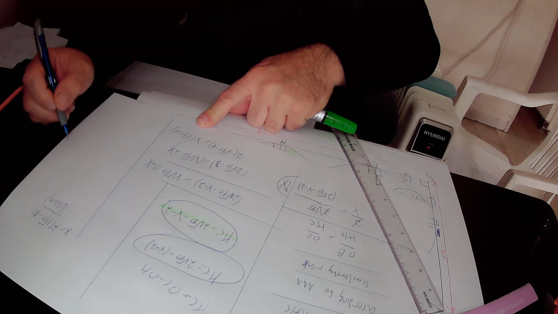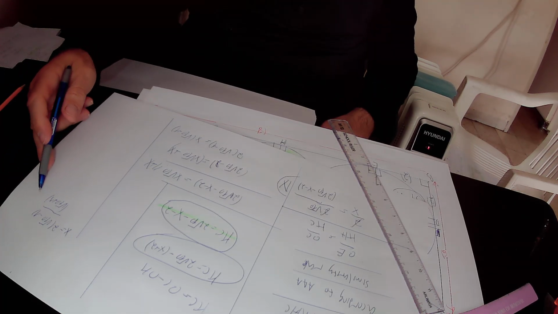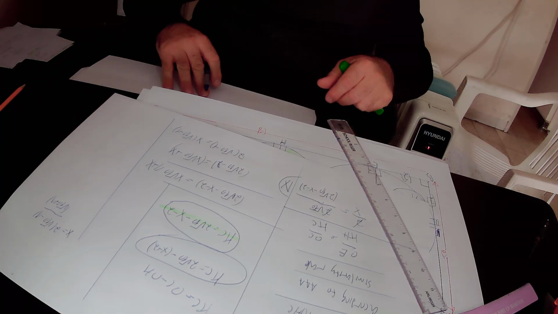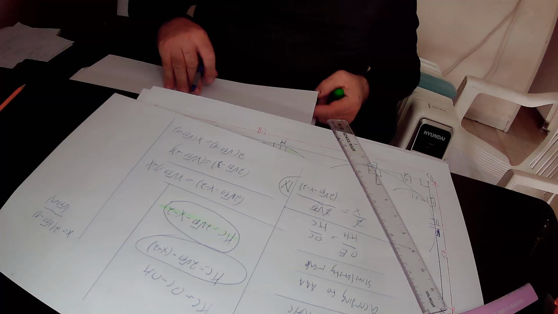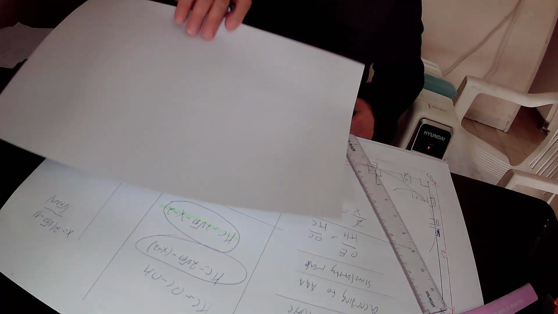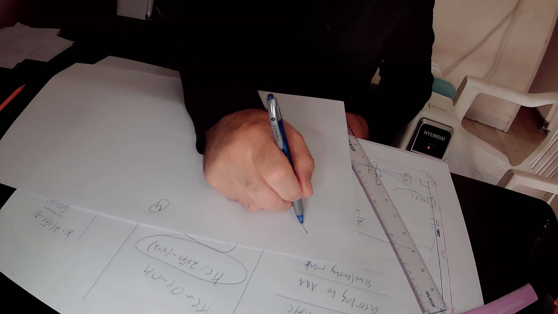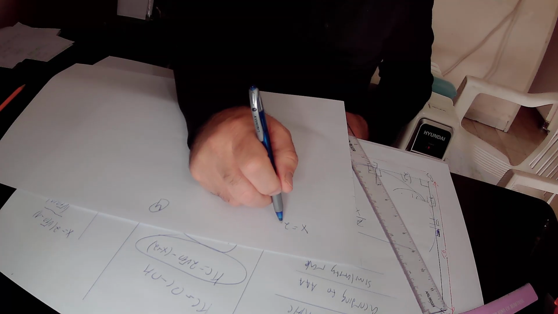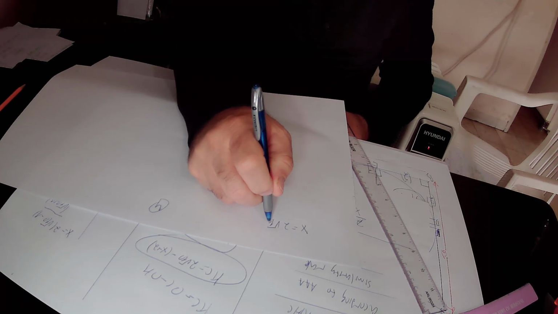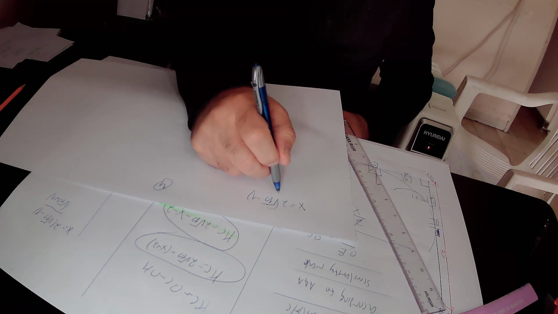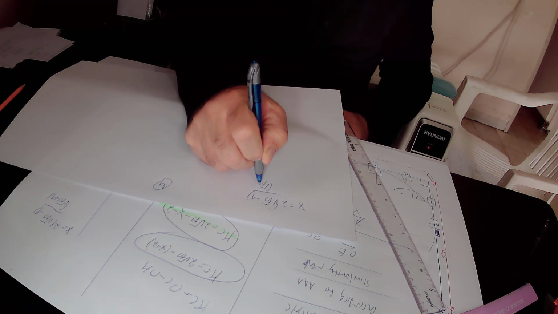And again, in total, we found that x equals 2 times square root of 10 minus 1 over square root of 10 plus 1. So it is down here. We found out that actually x equals 2 times square root of 10 minus 1 over square root of 10 plus 1.